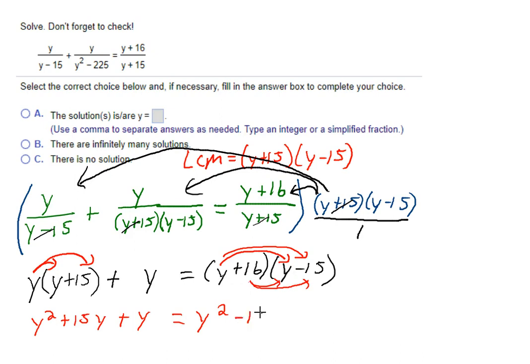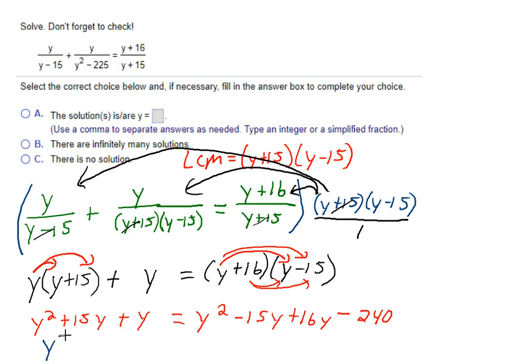Y times negative 15 is negative 15y. 16 times y is positive 16y. And this is going to be a big number. 16 times negative 15 will be negative, I think it's going to be 240. And I only know that because 15 times 15 is 225, and we want another 15 on top of that. So that'd be 240.